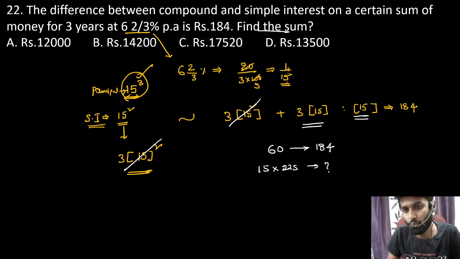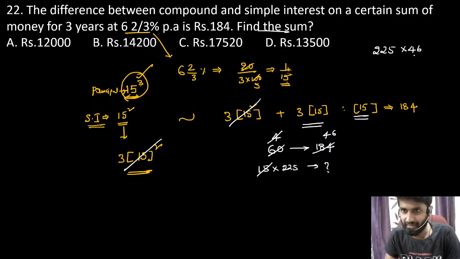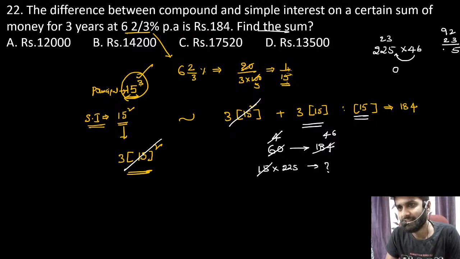Now you can cancel: 4 15s are 60, 15 fours are none. With the cancellation, 4 fours are 16, 4 sixes are 24. So the answer is 225 into 46. Now calculate the value: 46 fives are 230, write down 0 and carry 23. 46 twos are 92, plus 23 makes 115. Write down 5 and carry 11.